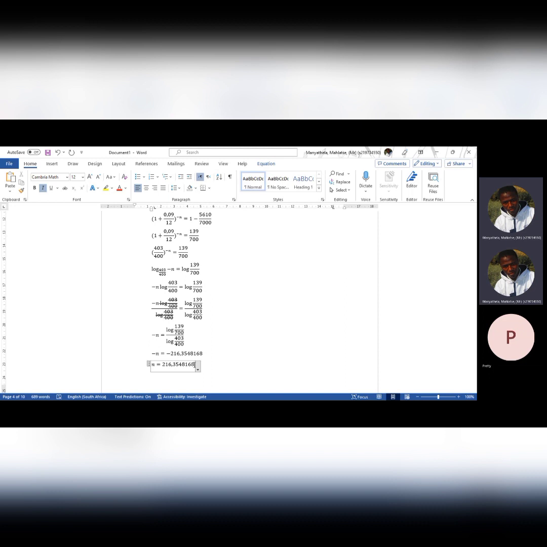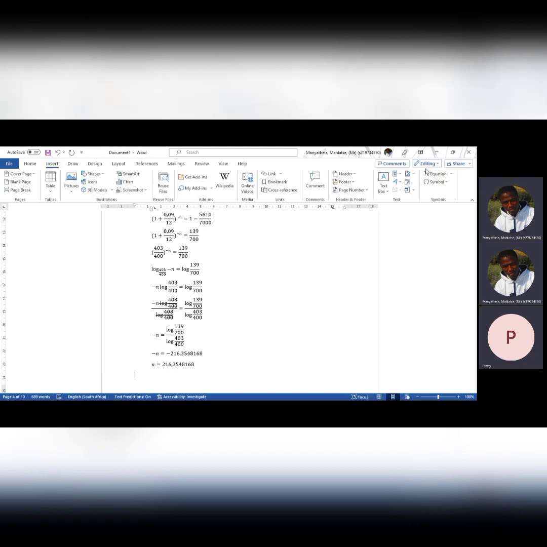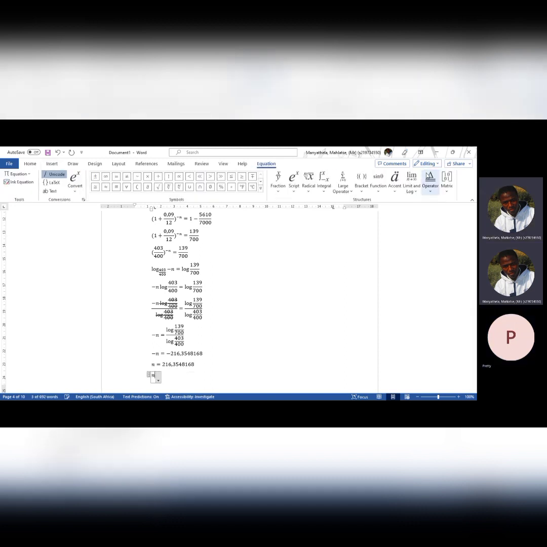Then we divide what we got by 12. So we divide 216.35 by 12, and it will give us the value of n. Don't forget to say n is approximately equal to 18 years.